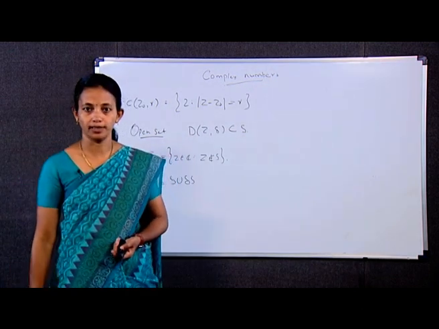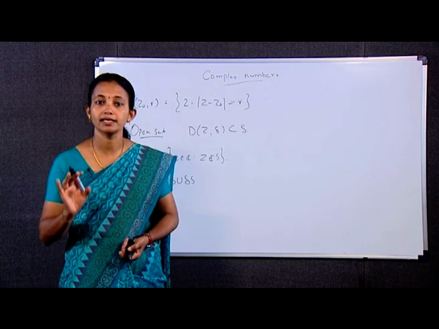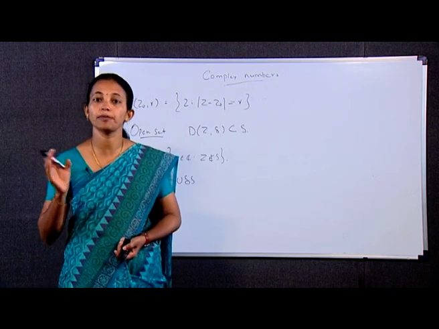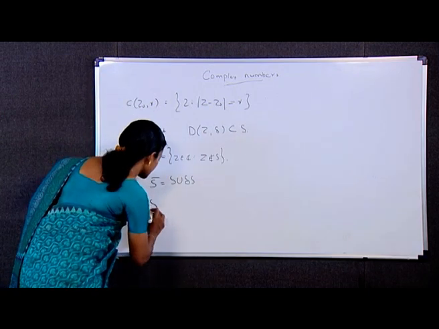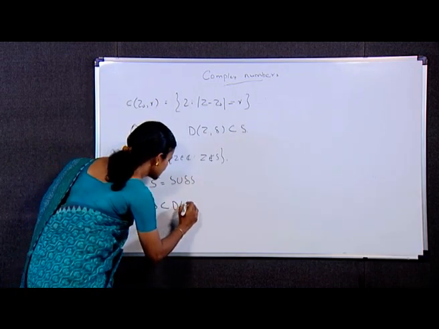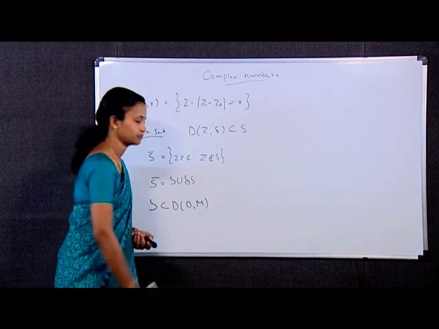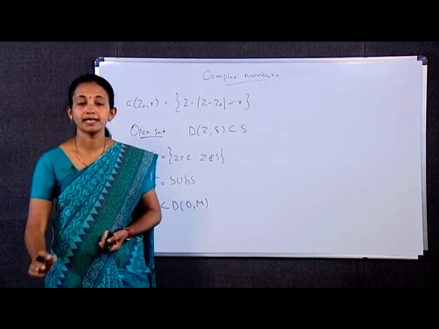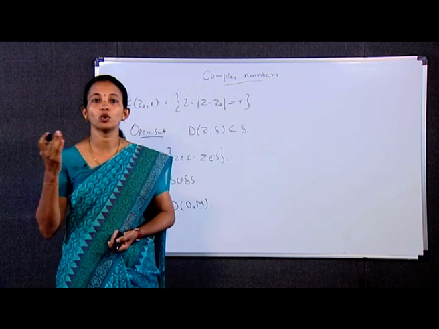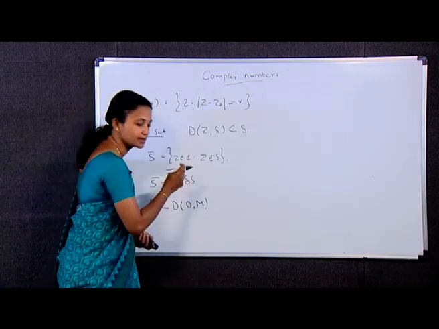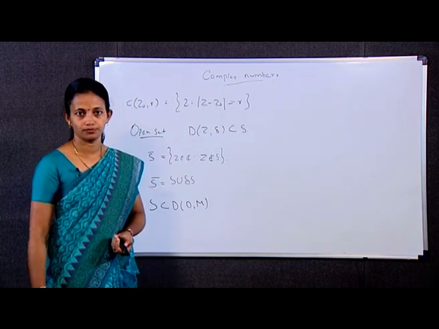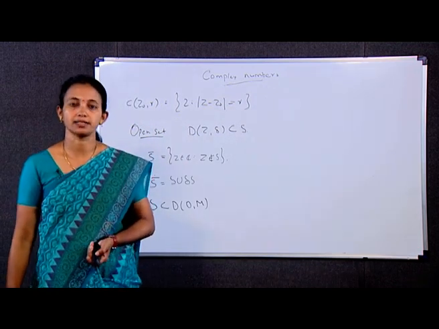S is bounded if it is contained in D(0, M) for some M greater than 0. That is, S is a subset of some open disk of radius M centered at the origin 0.